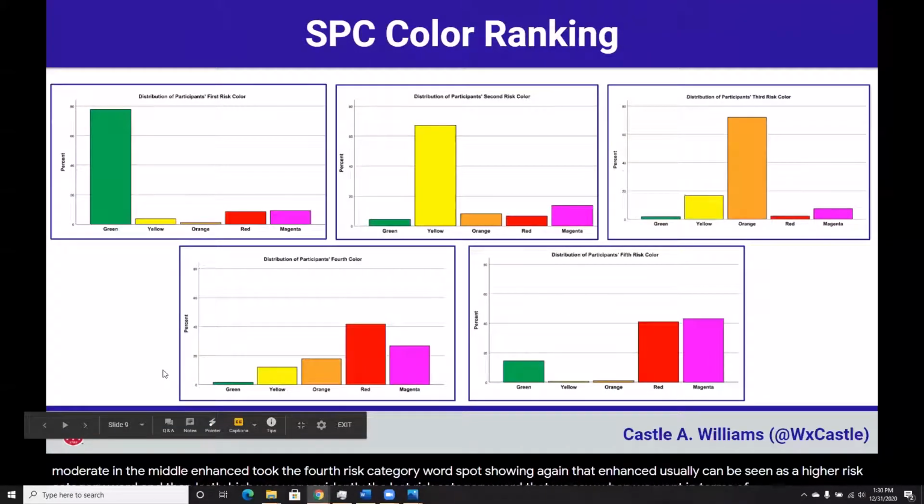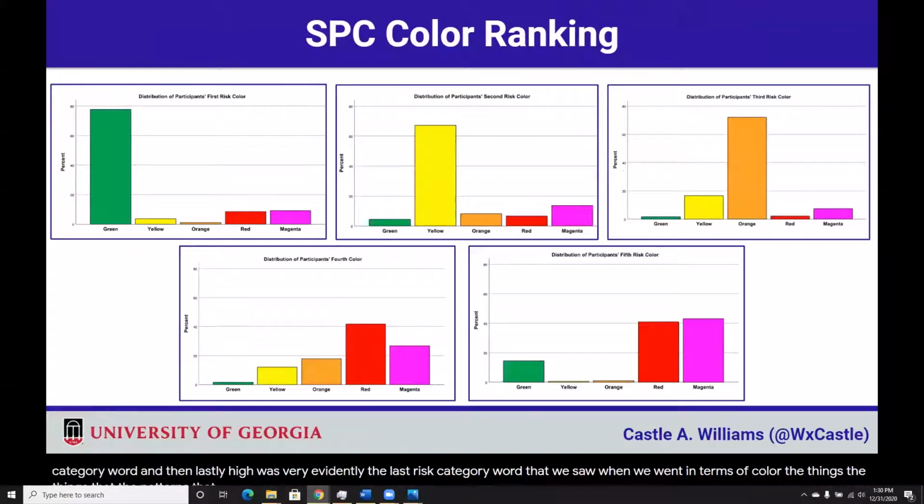In terms of color, the patterns that we saw among the interviews did not show up as largely in the survey. So here, green, yellow, orange, red was pretty evident. When we get to the red, though, that's where it gets kind of, what should be that fourth color? Because we have both yellow, orange, red, and magenta kind of showing some signs of trying to dominate here.